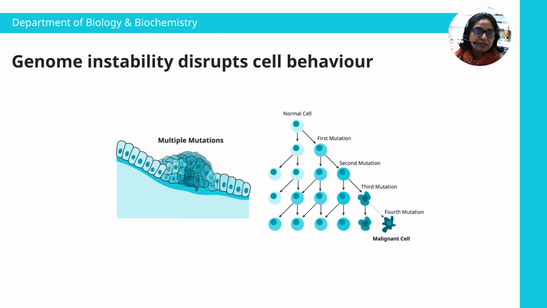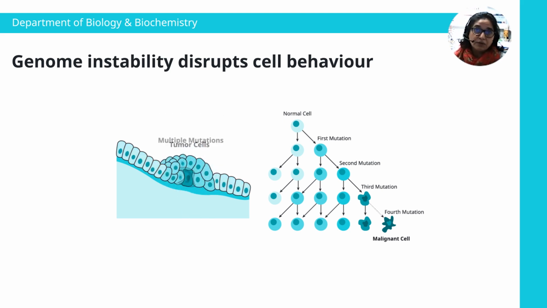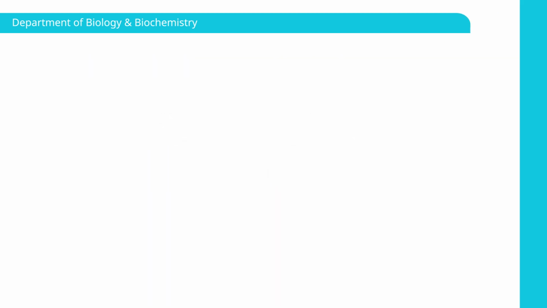And this is demonstrated in this animation, where you'll have multiple mutations, some of which might allow proliferation, some of which might allow mobility, so the cell breaks through the basal lamina of the tissue and enters the bloodstream or the lymphatics, and these cancer cells then migrate to different sites, which is the process of malignancy.